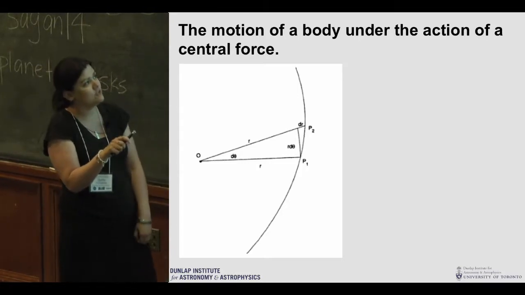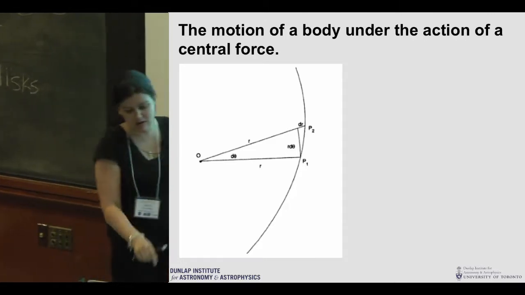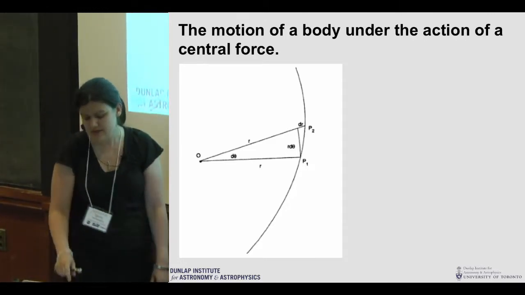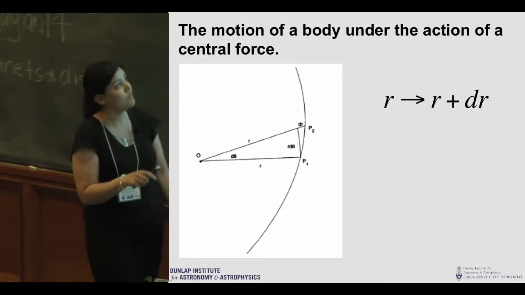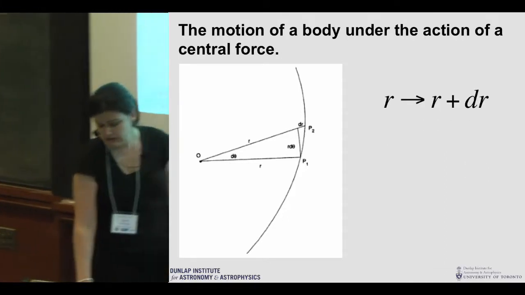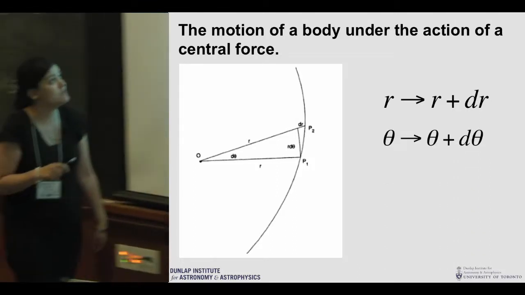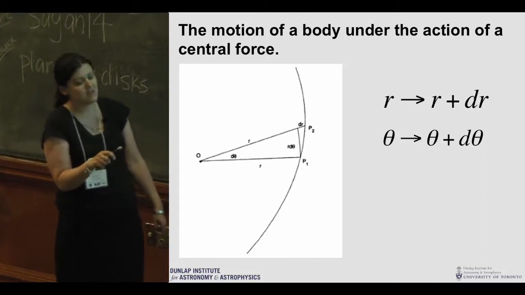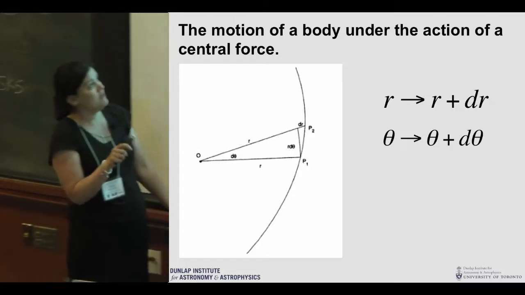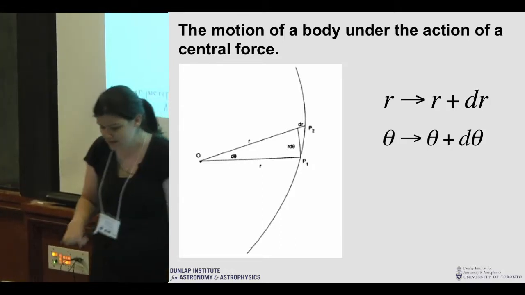It has an initial distance of r and a new distance of r plus dr. So the planet moves from P1 to P2, going r plus dr. And then it also has another component of its motion in theta. So it starts out at theta and moves to theta plus d theta. I know this is a little bit hard to read, so I apologize for that. That's why I wanted to blow this up here.